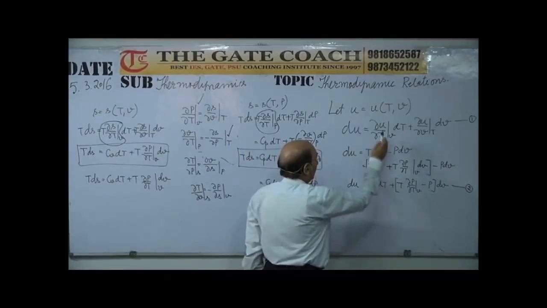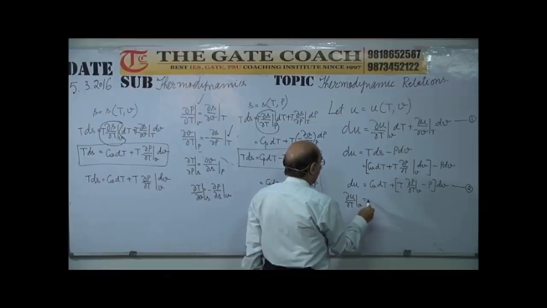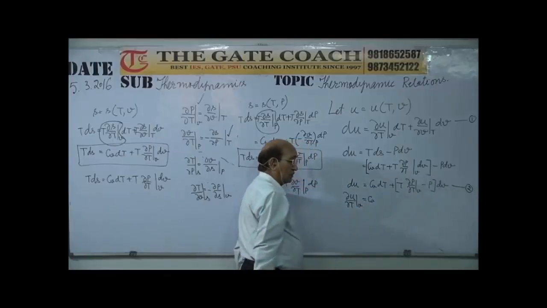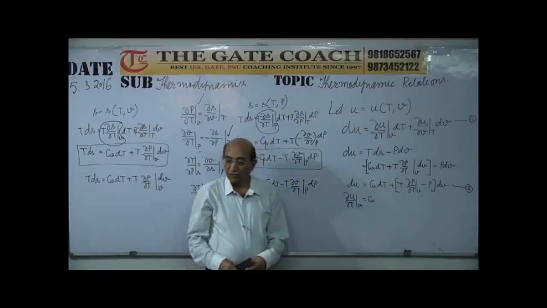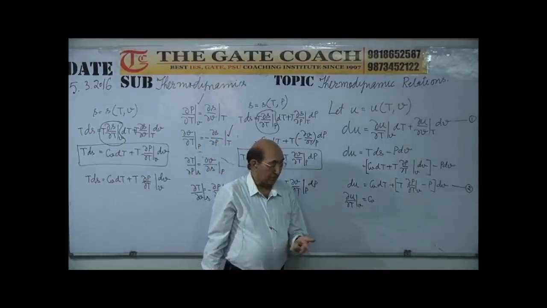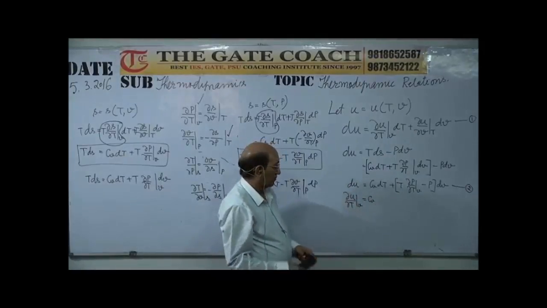For dT, del U by del T at constant volume is Cv, which somebody stated as per Joule's law, dU is equal to Cv dT, whatever may be the process. So this holds good.